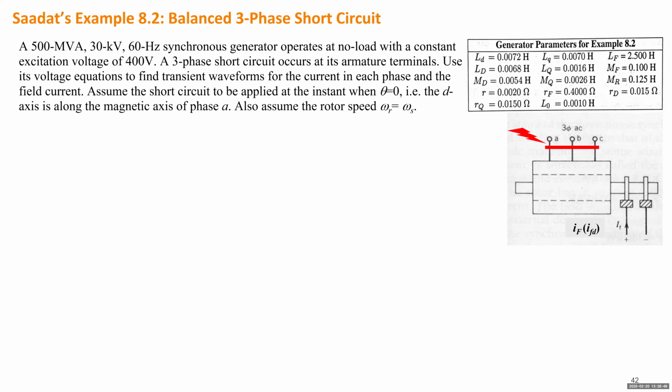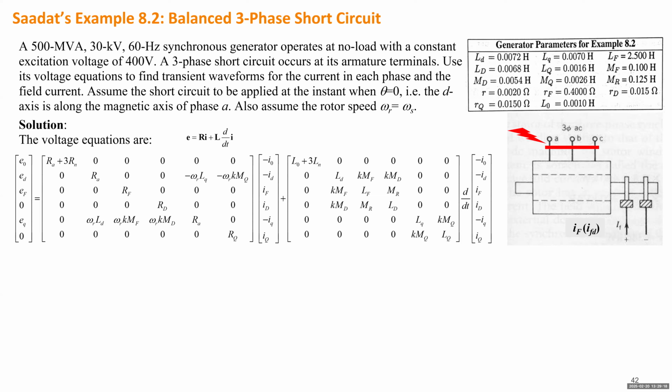For instance, we can apply a three-phase fault to a generator. Let's assume the generator has a short circuit connecting all three phases of the terminal, and assume we have all the parameters, and they are all constant. So this is a good model. We definitely can do such a calculation. We just utilize the voltage equation.